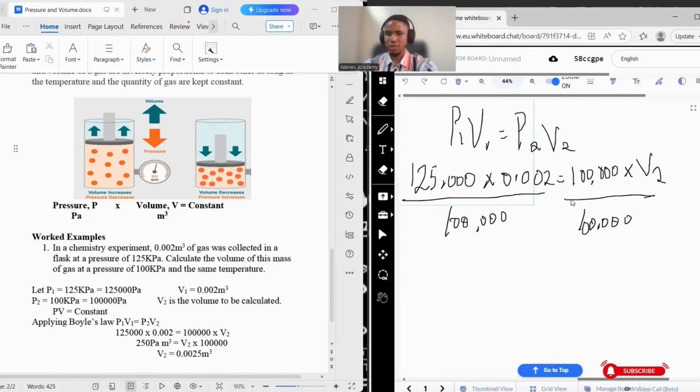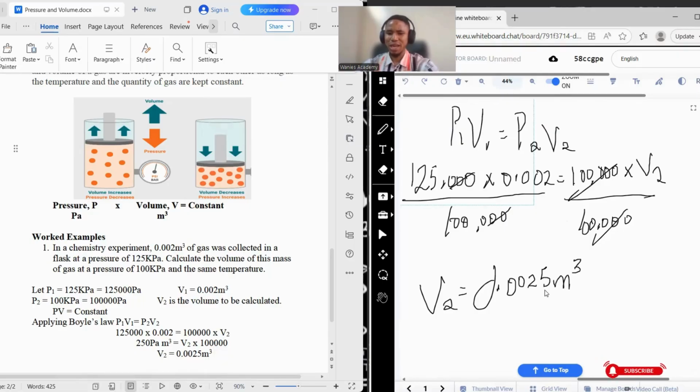Okay, so we have this. That means V2 equals 125,000 times 0.002 divided by 100,000. This cancels this. So using our calculator, we have 0.0025. Now the question is, what's the unit of volume? That's meter cube. Our first volume is 0.002, but the second volume is 0.0025.